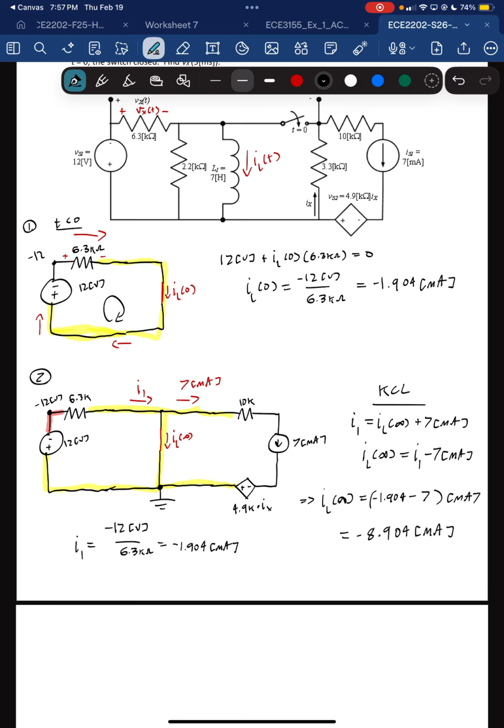And that's our IL of infinity. Still following? Cool. Any questions?